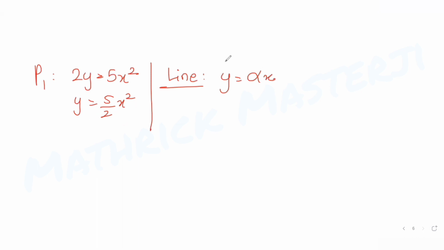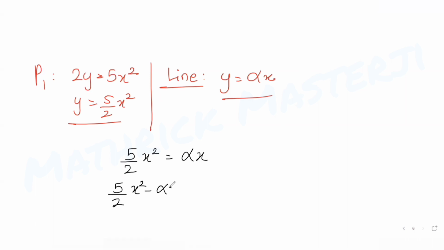Now again I want to find the limits of x, so I'll equate the variables y. I get 5 by 2 x square is equal to alpha x. Solving, 5 by 2 x square minus alpha x is equal to 0.